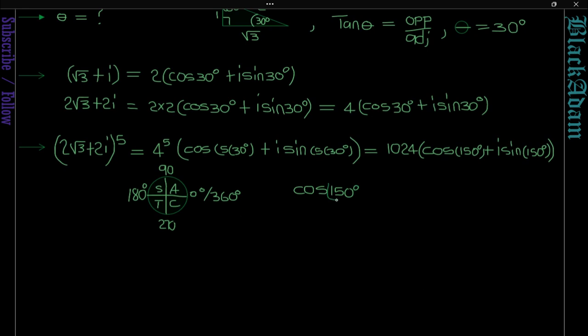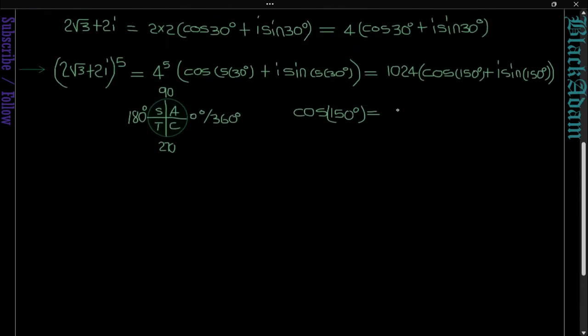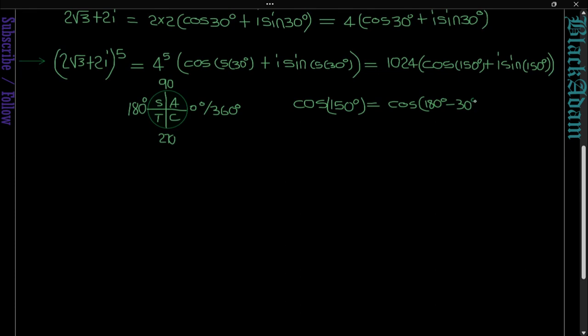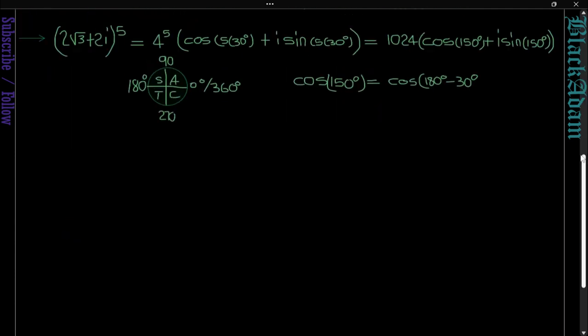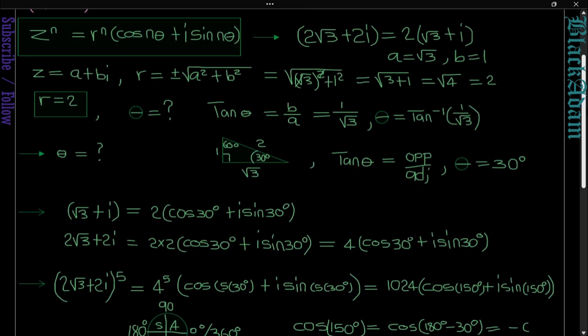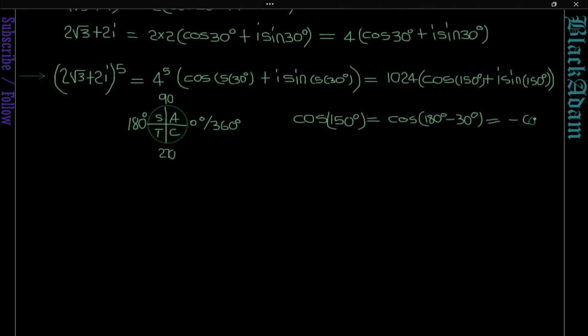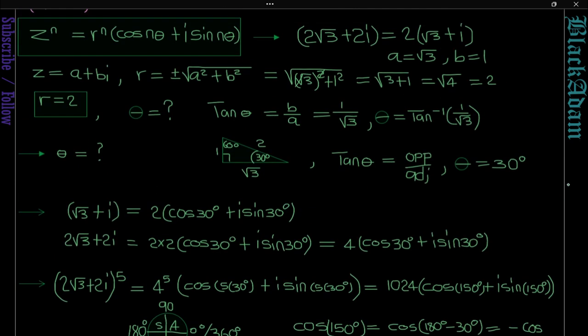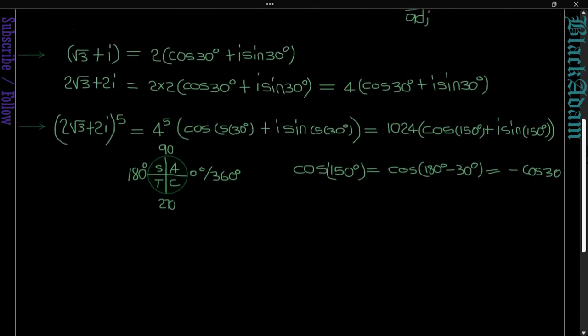Cos 150 degrees is cos of 180 degrees minus 30 degrees. The 180 minus is the second quadrant, which is negative for cos, so it's negative cos 30 degrees.